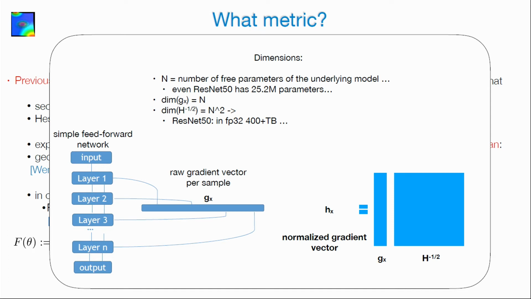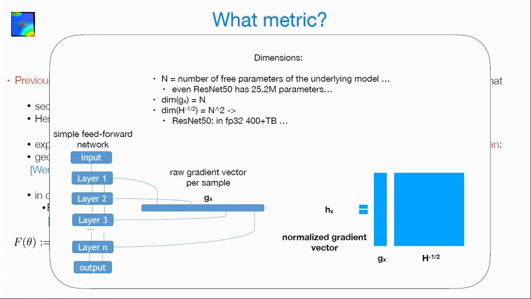So that's what we are doing. But it has to be on the GPU. And here comes the trickiest part, in a way, after we say that we want to do that. But what do we want to do? Let's start with some kind of dimensional analysis. Let n be the number of free parameters of the underlying model. That's a neural network.